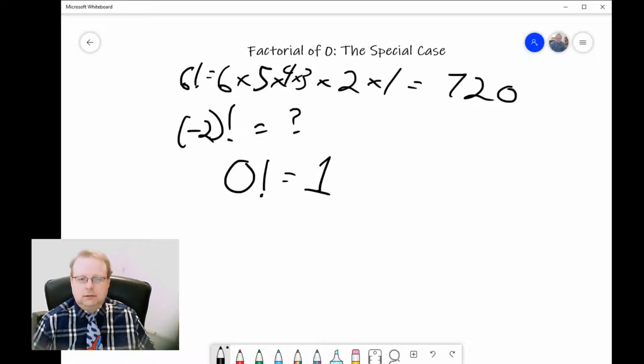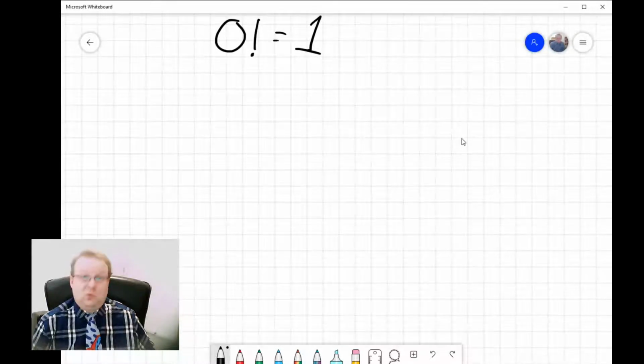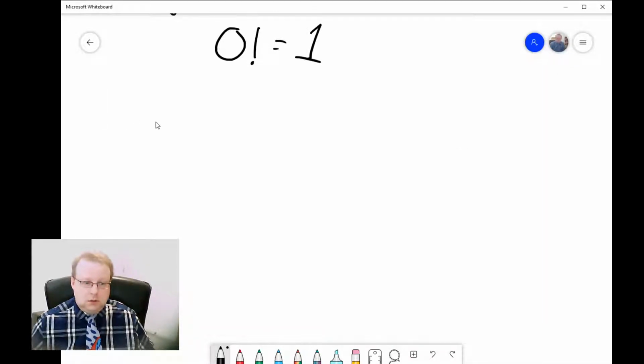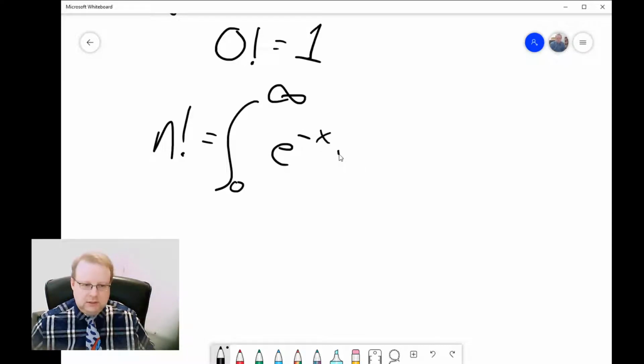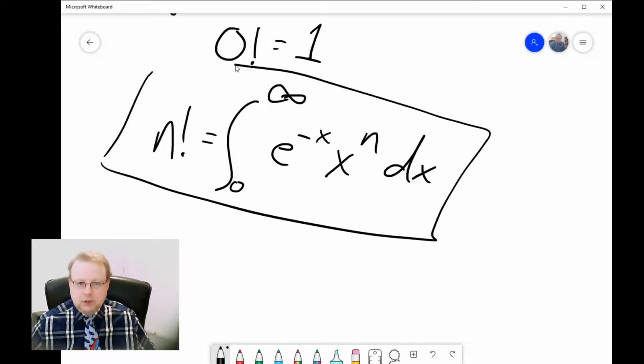In the long run, and when I say long run, I mean way past the end of high school, you can actually find that n factorial is a perfect fit for a particular function. And this is something that you will need a lot of calculus to do. But if you go through calculus, you will find this equation, not even remotely close to being Math 30-1 content.